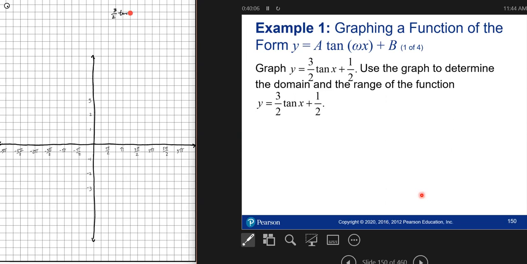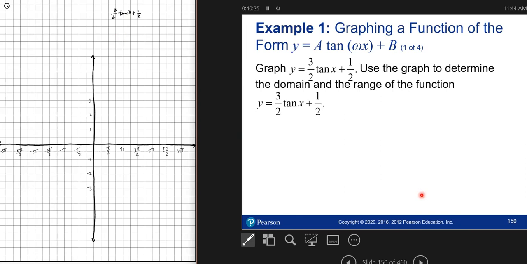Right. Tangent of x plus 1/2. So x isn't being multiplied by anything, which means my period isn't going to change.